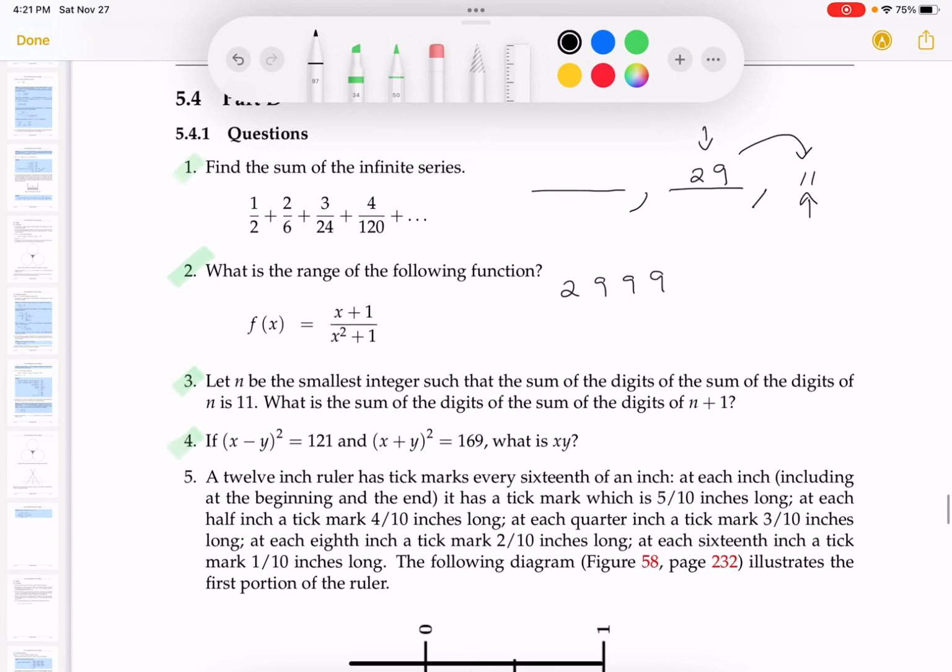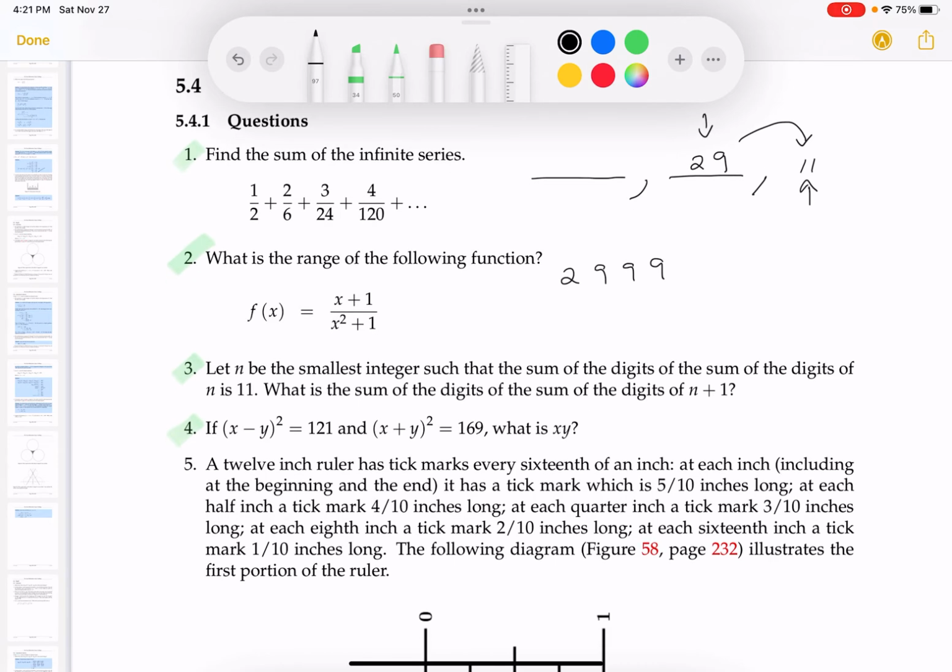By the way, I'm going to go back and read it. It says, let n be the smallest integer such that the sum of the digits of the sum of the digits is 11. Now, I think I accomplished that.